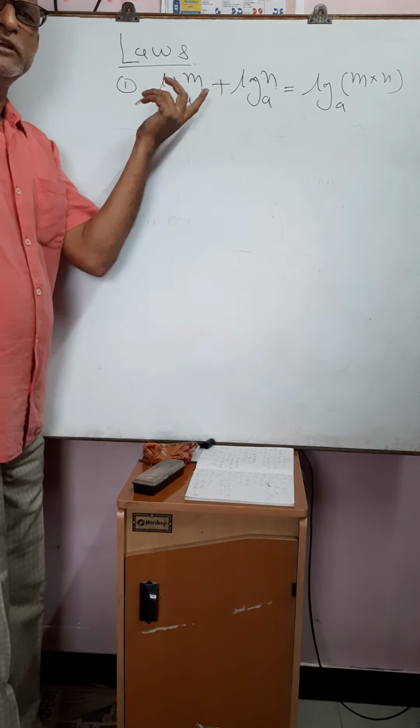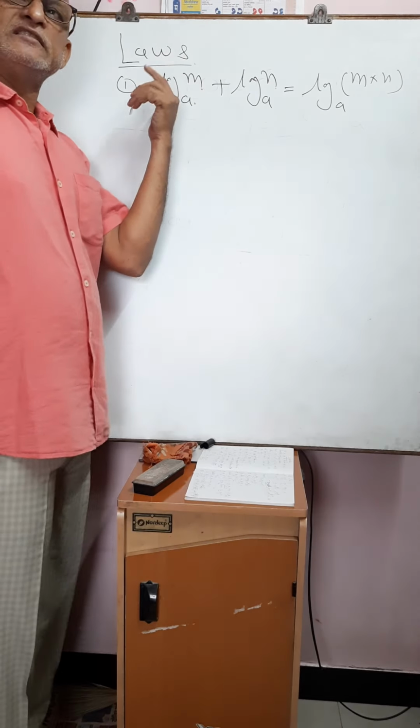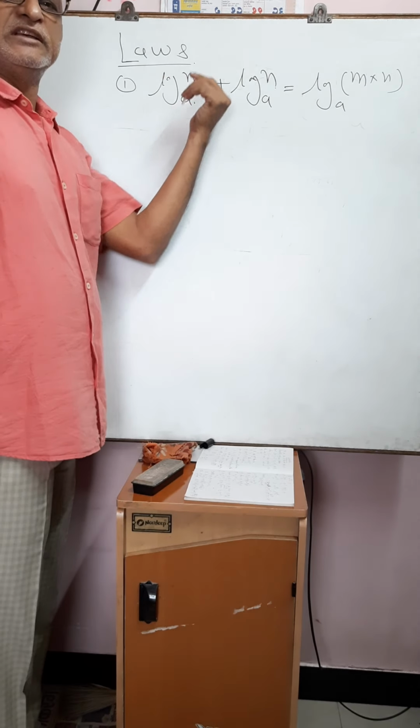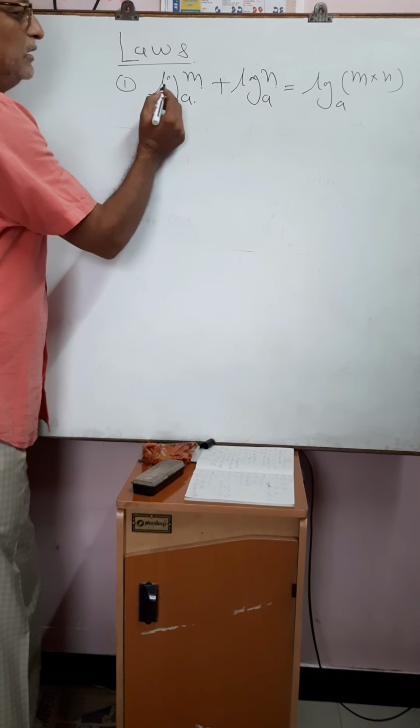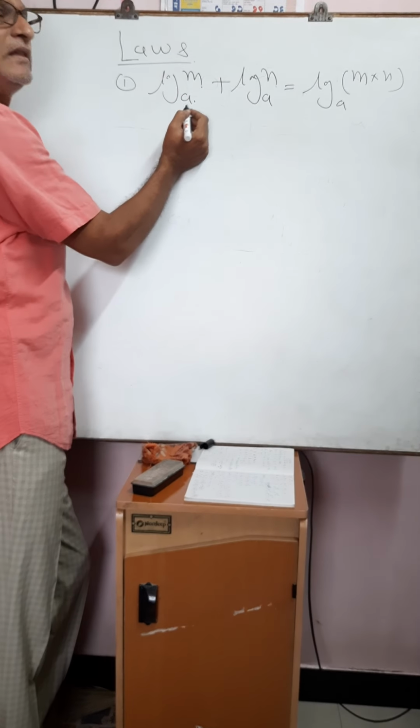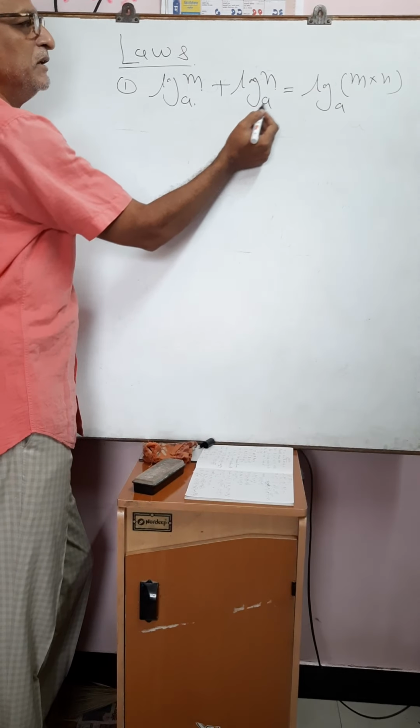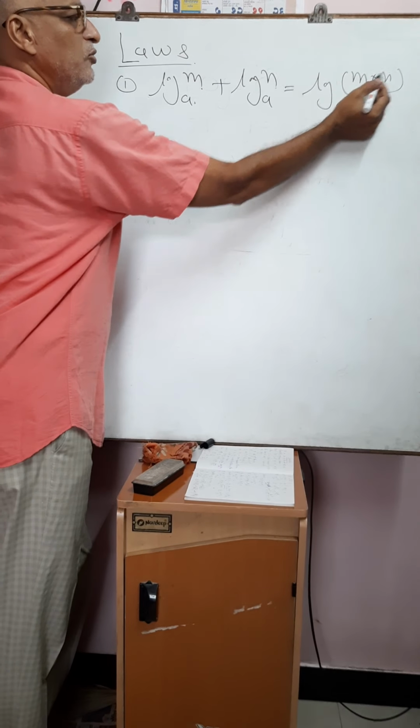The law is similar to the indices. In indices, we know that a raised to m into a raised to n can be written as a raised to m plus n. So here log m to the base a plus log n to the base a is equal to log of m into n to the base a.